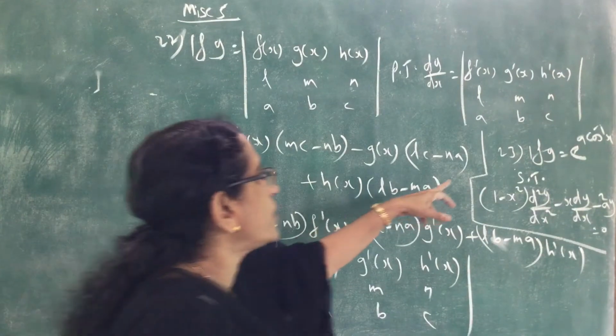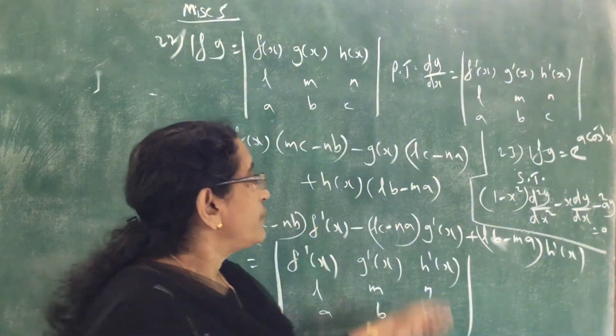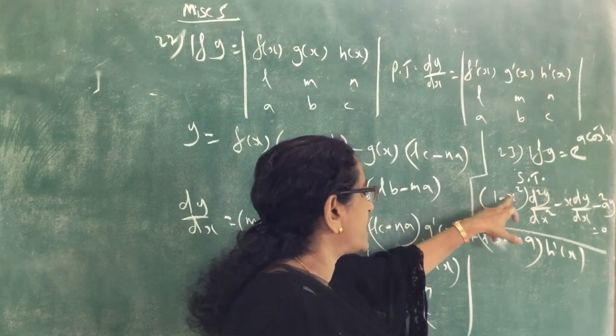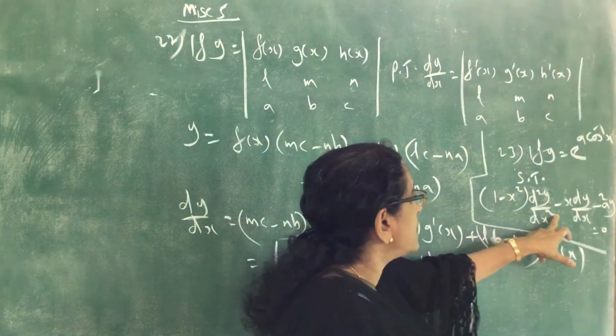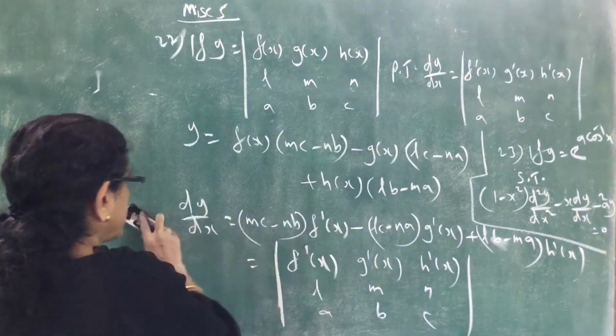Now 23rd one. If y equals e raised to a cos inverse x, we have to prove that 1 minus x square d square y by dx square minus x dy by dx minus a square y equals 0.